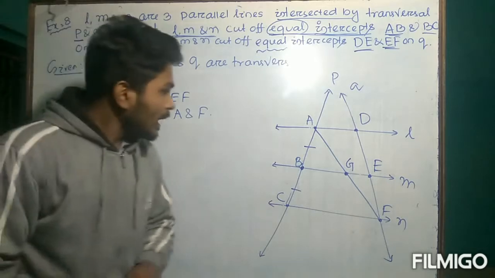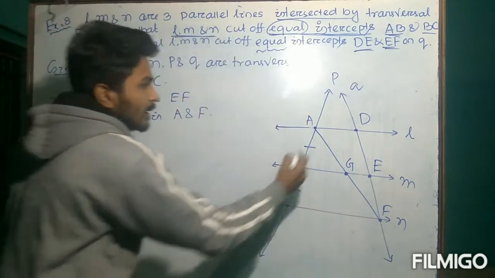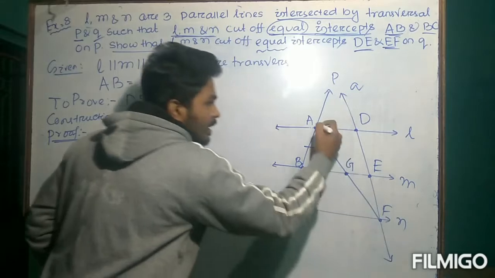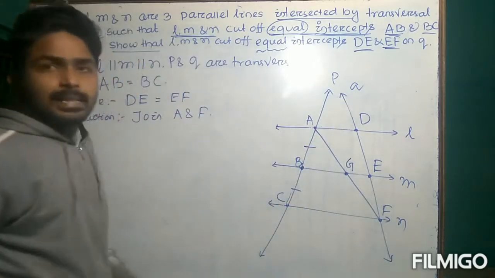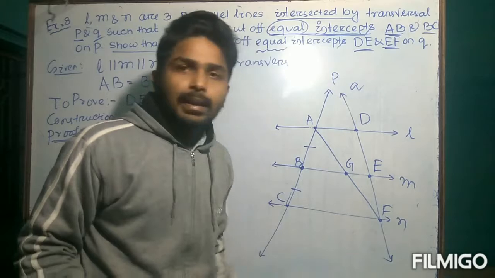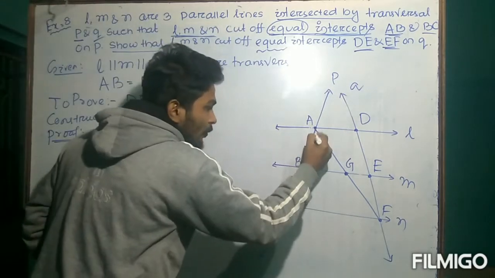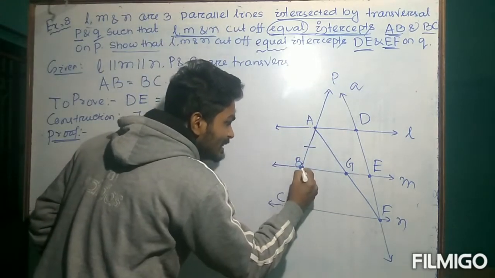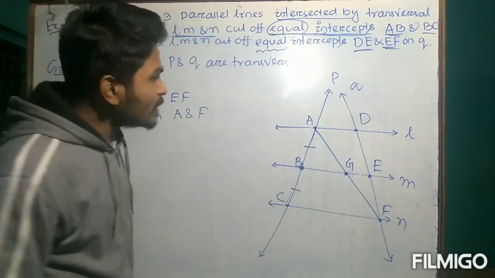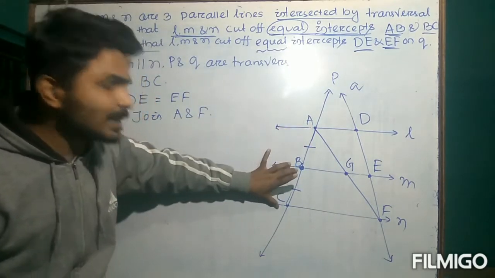Now we will consider the triangle ACF. So in this triangle it has three sides: side AC, side AF and base CF. Right. In this triangle, as you can see, for the side AC, B is its midpoint. Why? Because it is already given that this intercept is equal to this intercept.